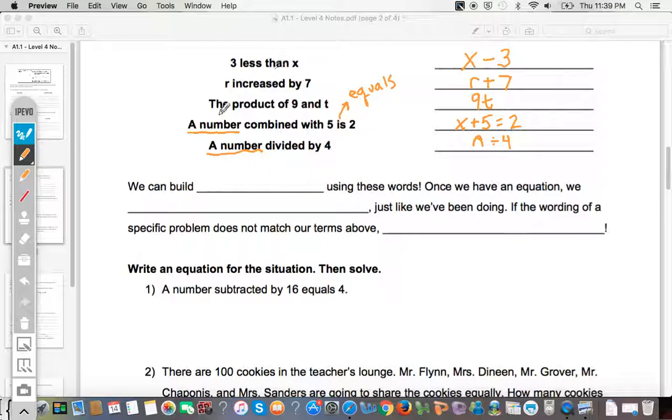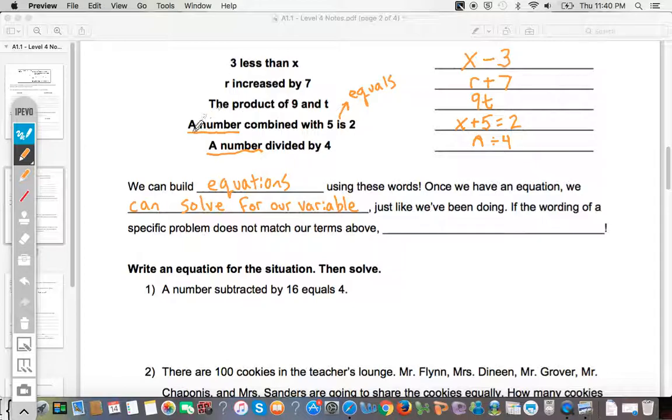So looking at this, we have some sentences here, and we know we can build equations using these words. Once we have an equation, we can solve for our variable, just like we've been doing.